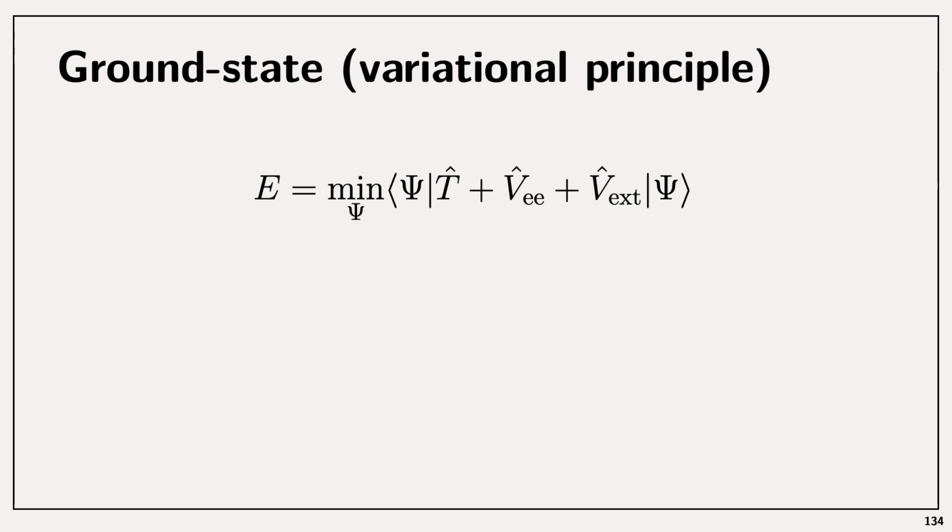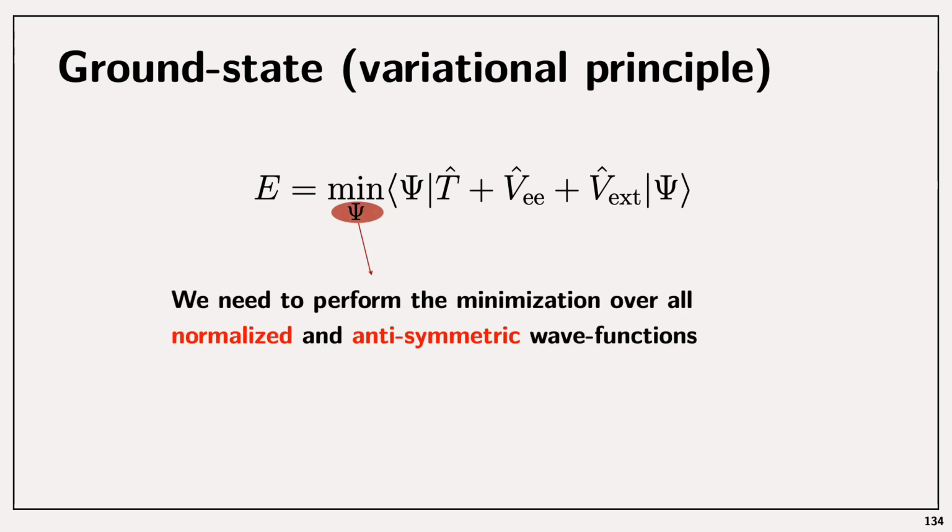So that ground state is obtained by minimizing the expectation value of the Hamiltonian, which I wrote here as a sum of the three corresponding terms. But we also need to do that with the constraint of normalized, anti-symmetric wave functions. Okay, this is important.